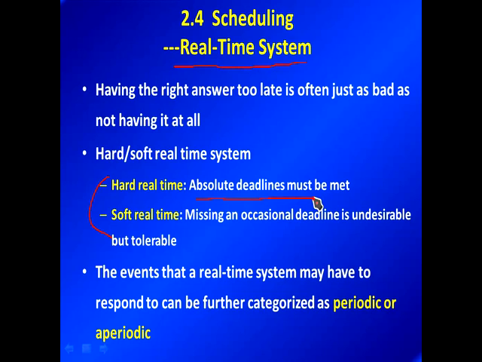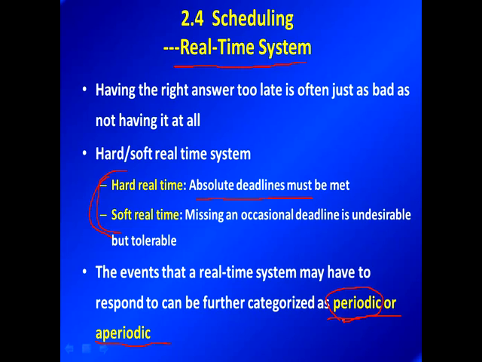After you understand these two concepts, you should also know that the real-time system can be further classified as periodic or aperiodic. Periodic means that the events will happen every 1 minute or 2 minutes.